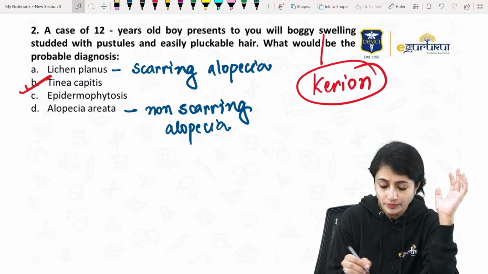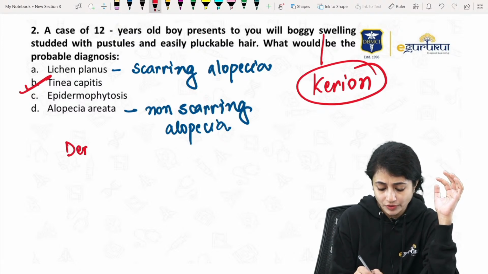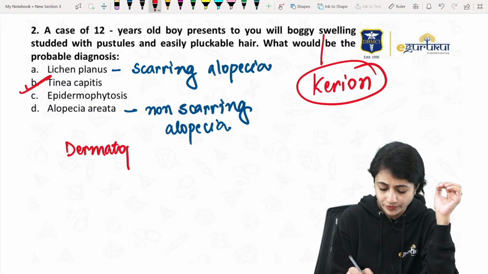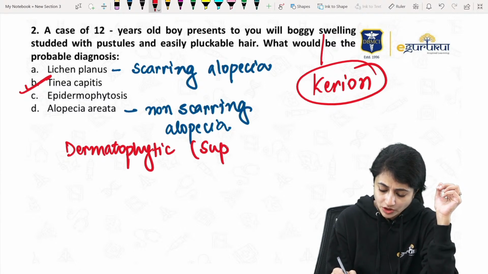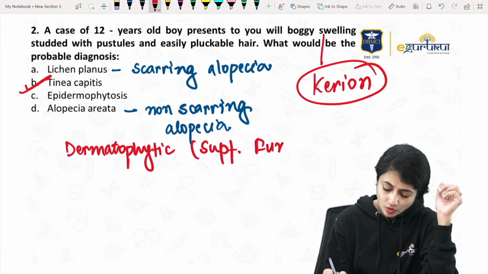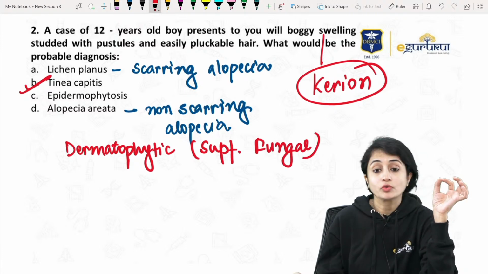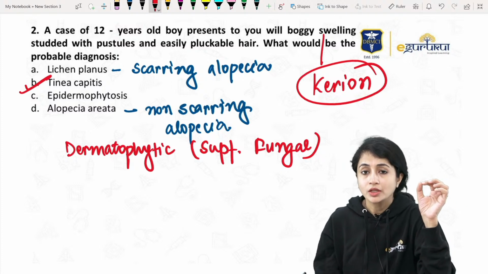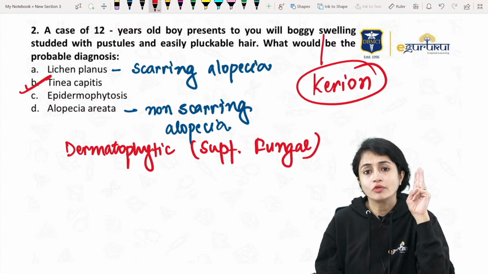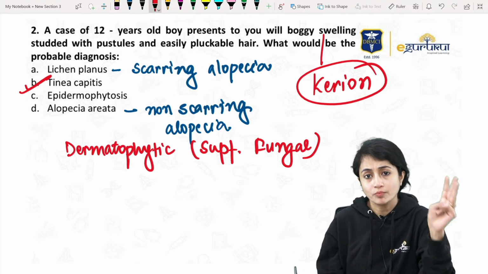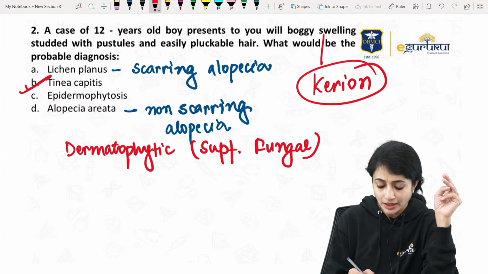a type of dermatophytic infection. It is a type of superficial fungal infection caused by dermatophytes. Now when we talk about dermatophytes, there are three main classes which are important for you. What are these three types?